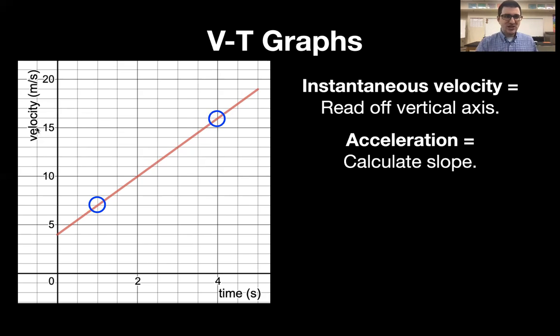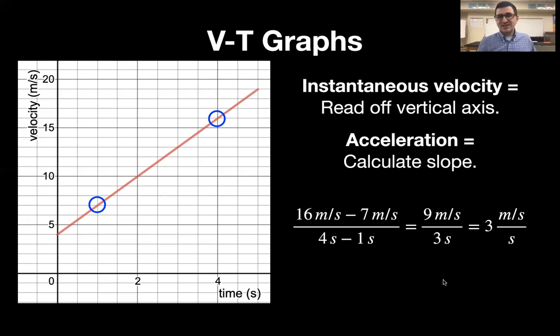That's going to give us a change in velocity divided by a change in time, which we can simplify to be how much the velocity changes every second. And here's an example of that calculation. So 16 minus 7, that's how much the velocity changes, and 4 minus 1, that's how much the time changes, change in velocity over change in time.